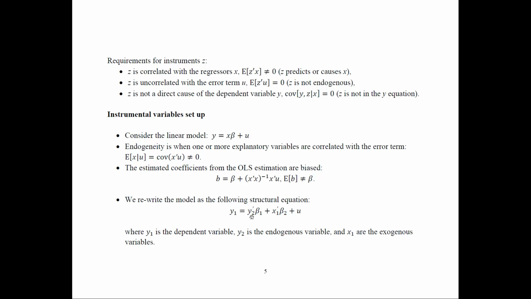These y variables, and notice that we use y, which is typically reserved for a dependent variable, because they are endogenous. These are the problematic variables that we need to do something about. And these would be the completely exogenous variables, so there's nothing to be done about those variables.